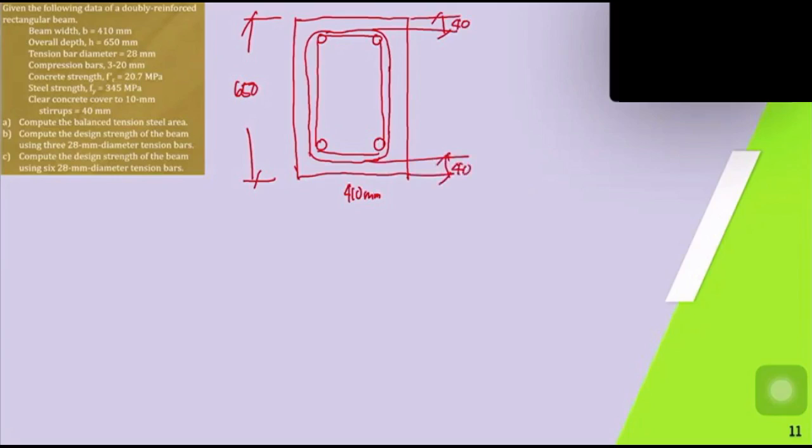And then you have a 10 mm stirrup. So 410, 650, 28 mm bars, then three 20 mm bars at the top.